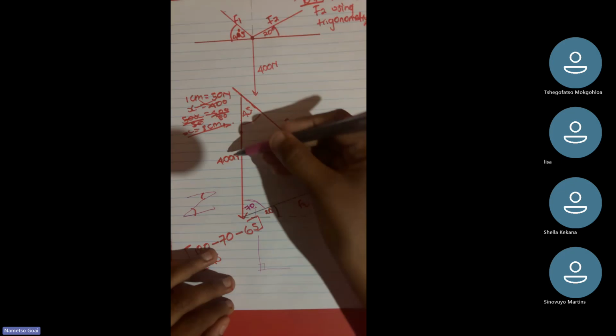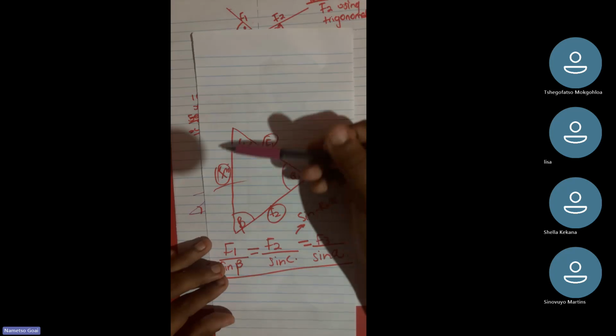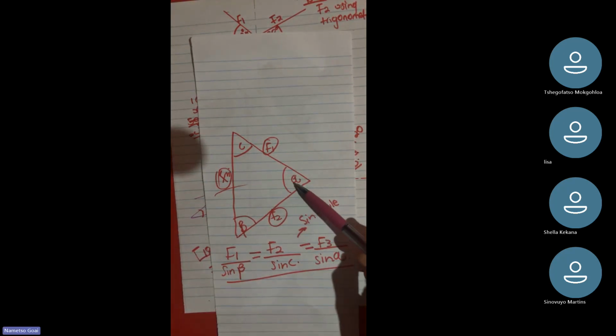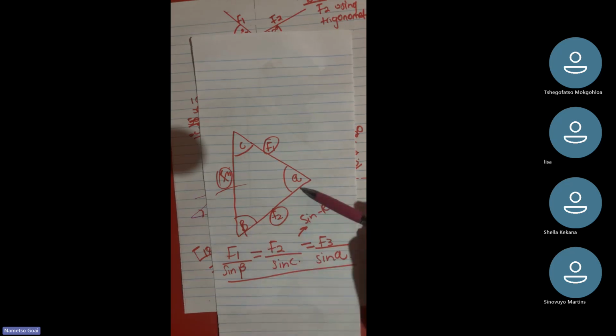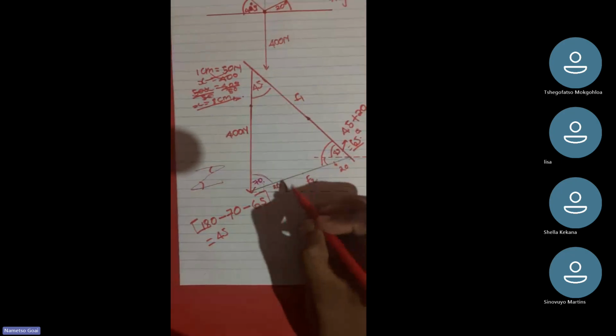We know this angle, we know this angle, we know this angle, we know this side over here. Remember what the sine rule was saying? It was saying it's side divided by sine of the opposite angle equals the side divided by sine of the opposite angle.